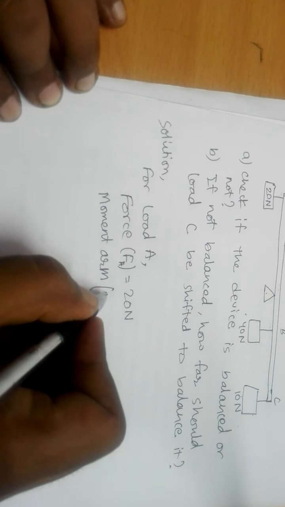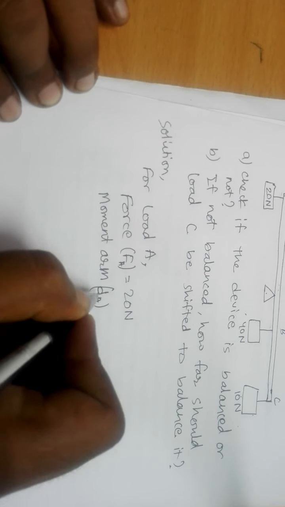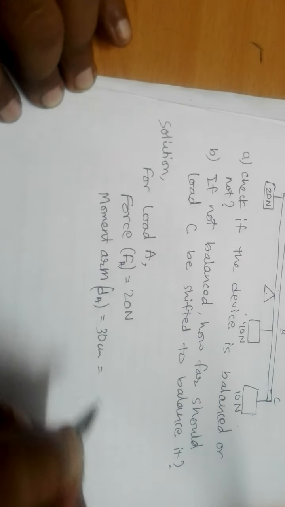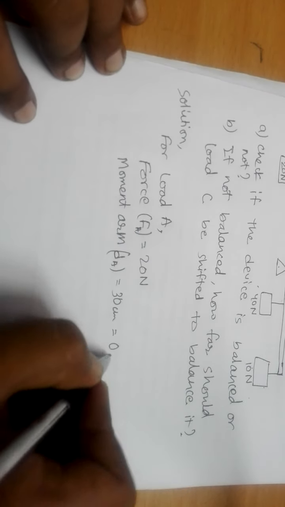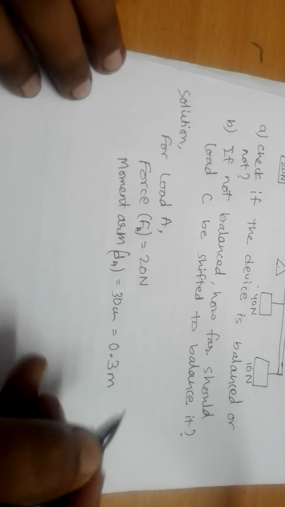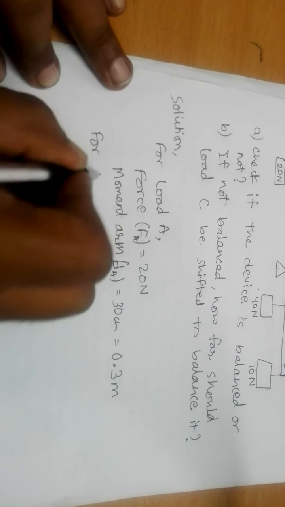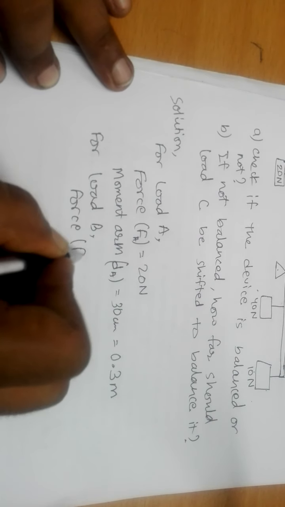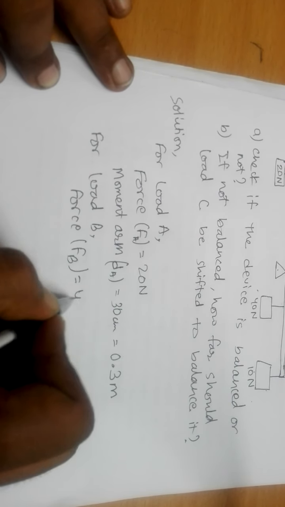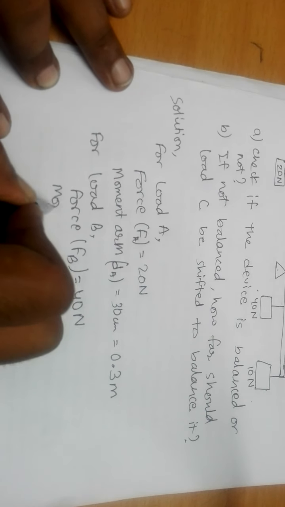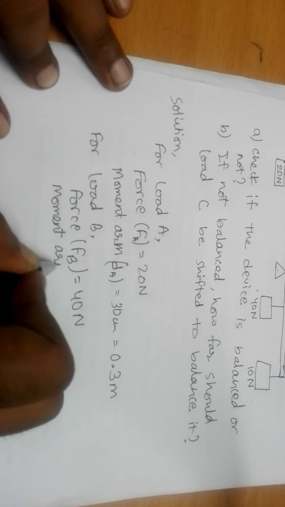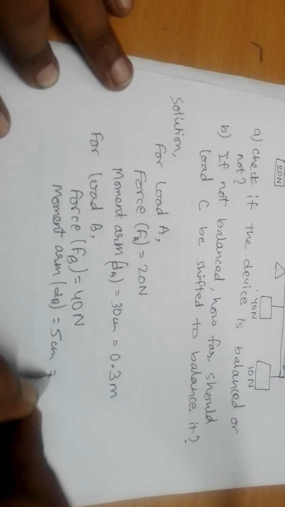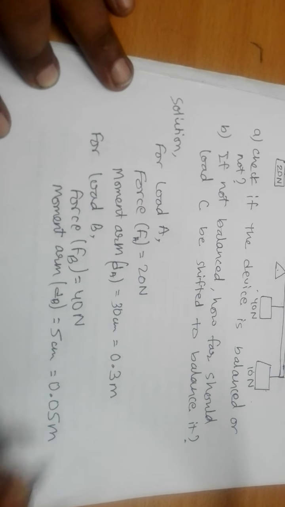It is indicated by DA, the moment arm of A. It is 30 centimeter, but you must convert it into SI unit, that means 0.3 meter. And for load B, force FB is equal to 40 Newton, and moment arm DB is equal to 5 centimeter, that means 0.05 meter.